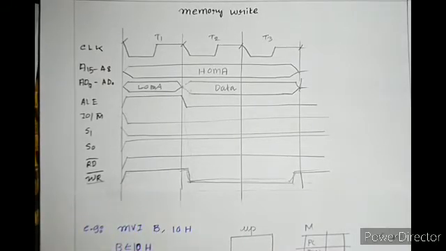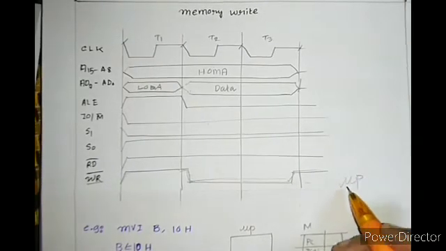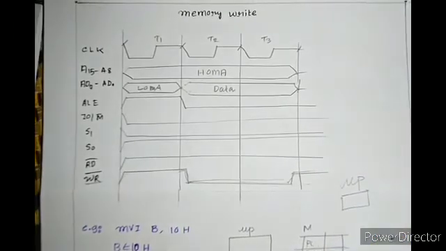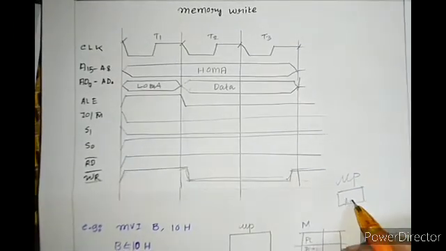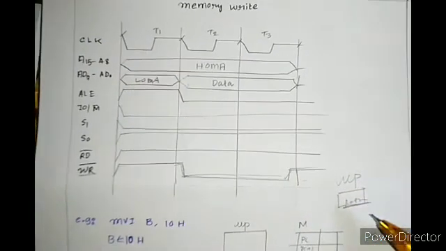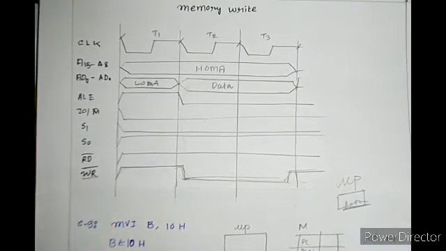And then if WR bar is already activated, suppose my MUP doesn't release the address yet. There is some data, or maybe if I had to read some data, I don't know the address yet, but my WR bar is already low.